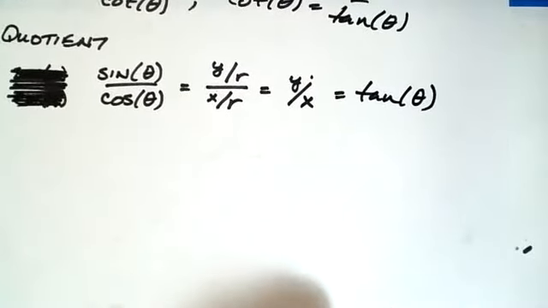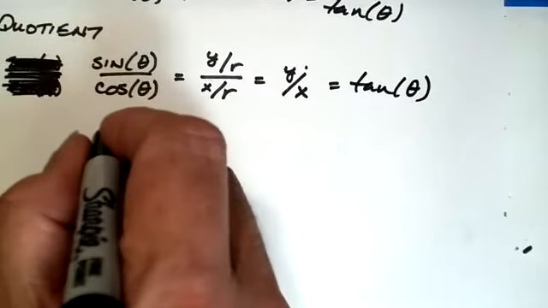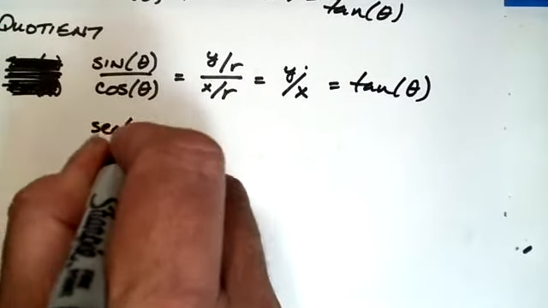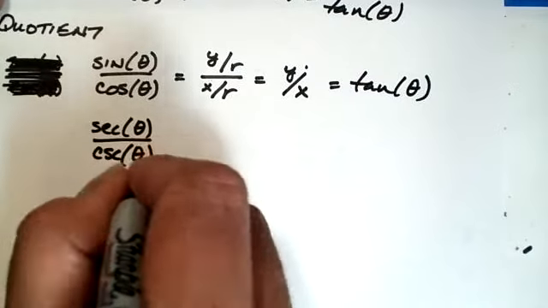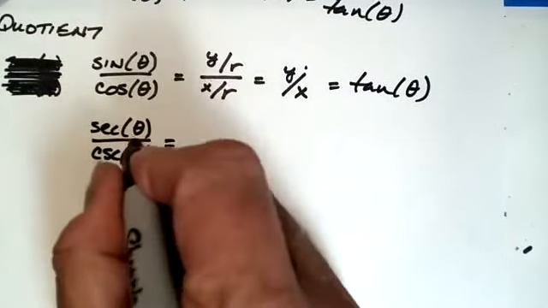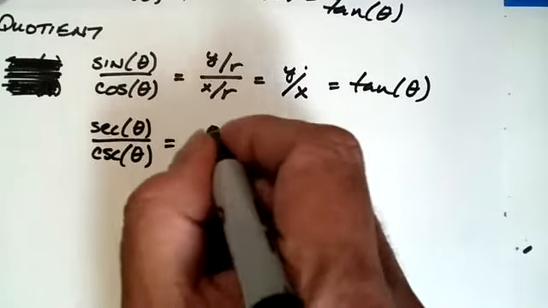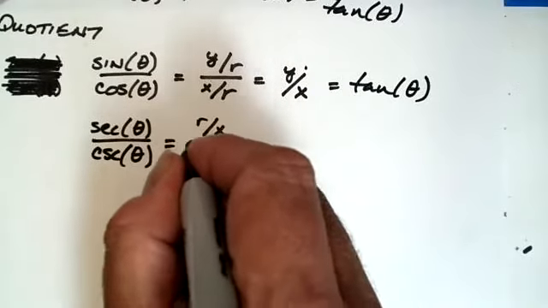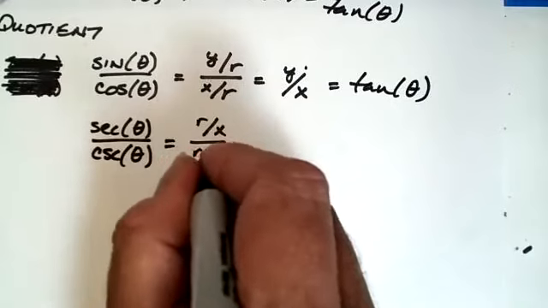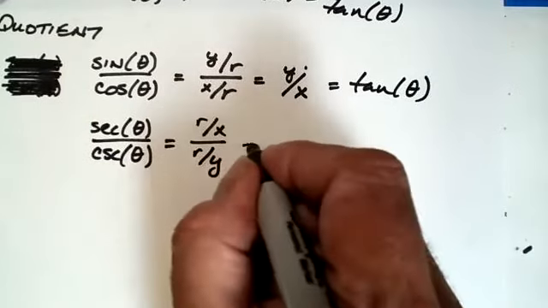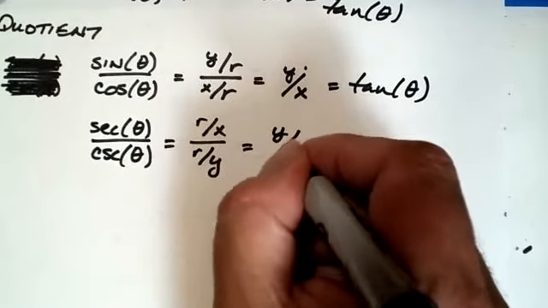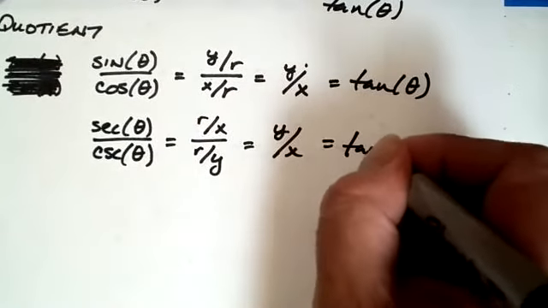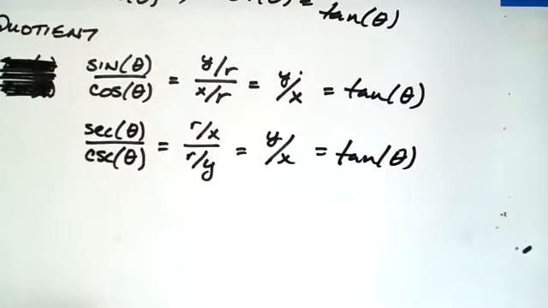Now, if we do a similar thing where we take the ratio of secant of theta over cosecant of theta, again note, secant is r over x, and cosecant is r over y. When you algebraically reduce this, it becomes y over x again, which happens to be equal to tangent of theta.